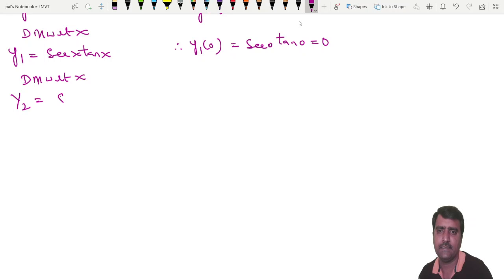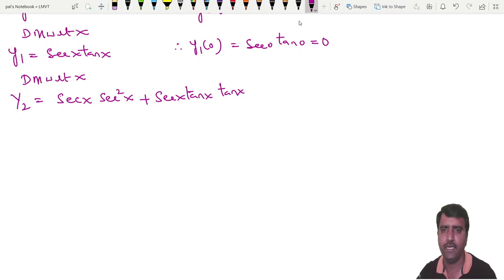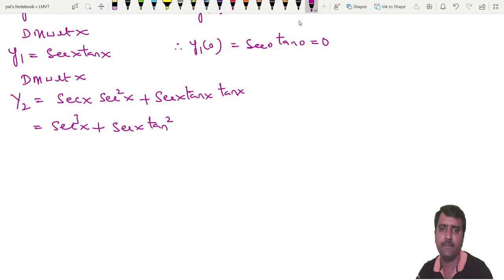Keep secant x as it is, differentiation of tan x is secant square x, plus differentiation of secant x is secant x tan x into tan x, keeping tan x as it is, by using the product rule. So now y2 is equal to secant cube x plus secant x into tan square x.